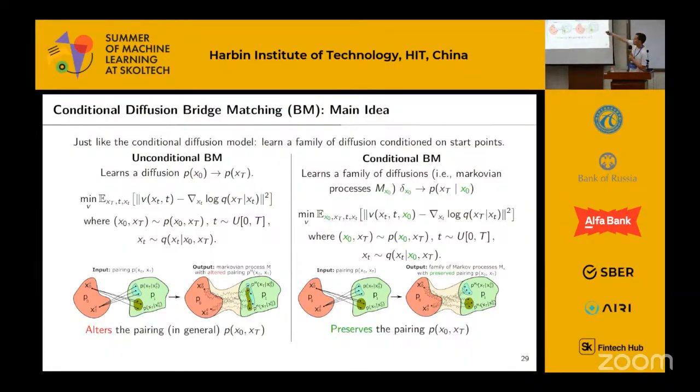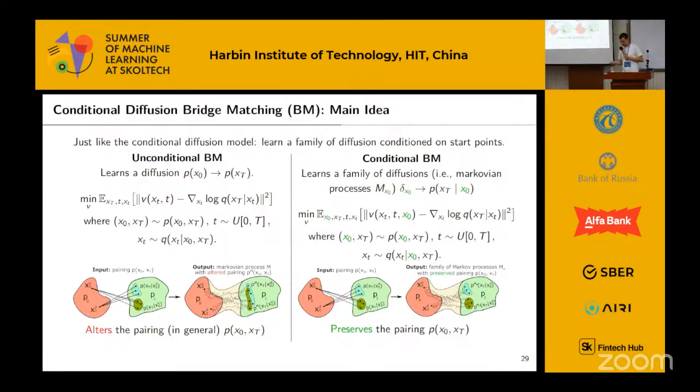So how is this done in practice? We just optimize our loss the same way as in the unconditional case, but with an additional parameter inserted as an argument to our diffusion bridge model, its drift.